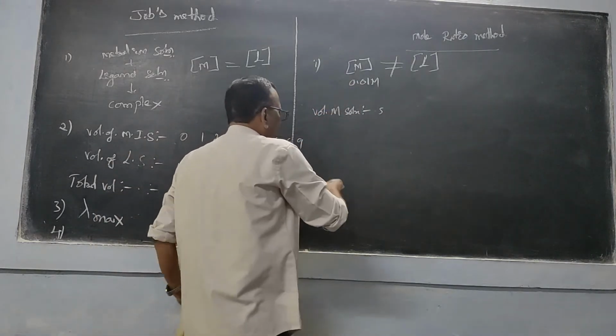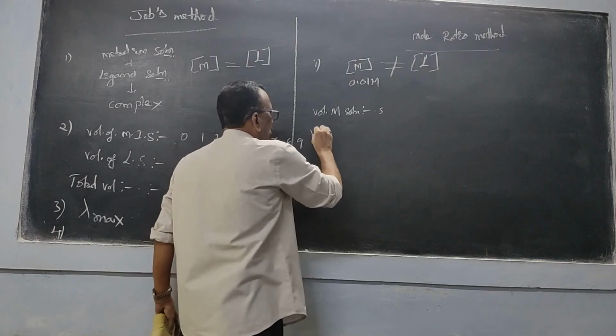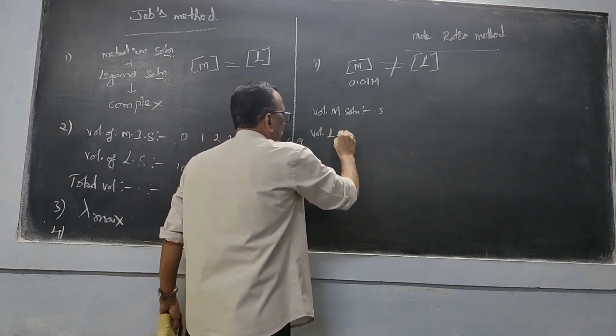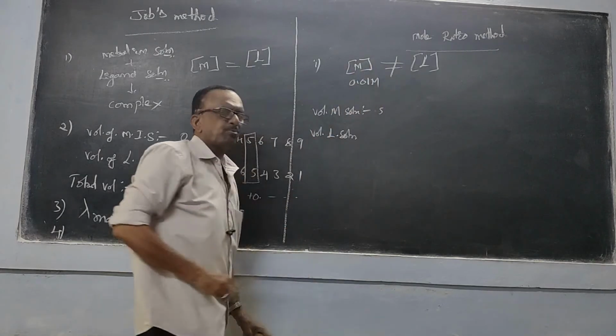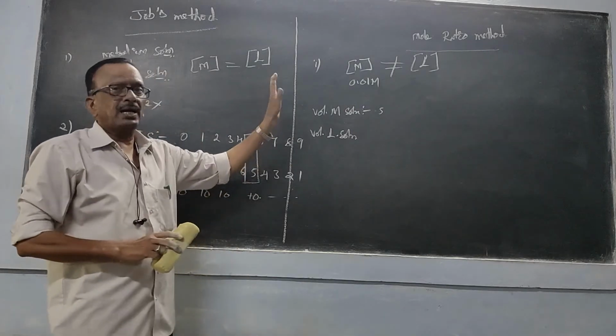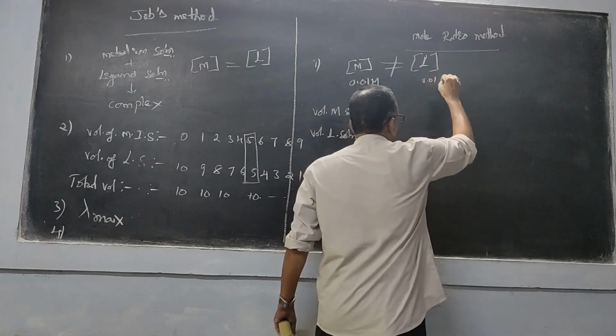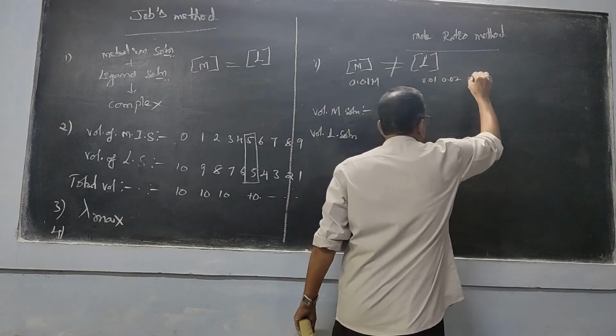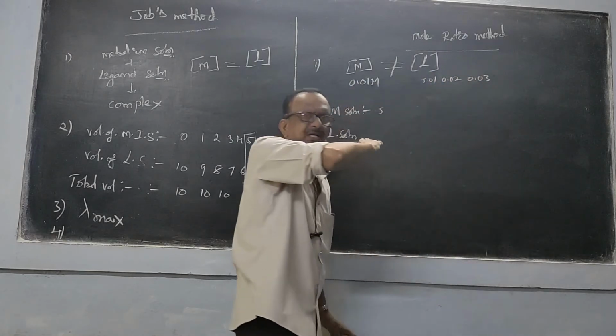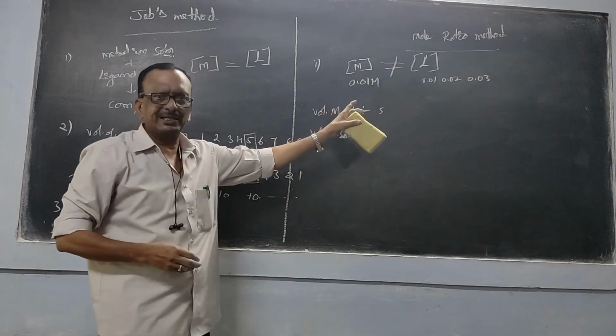Now come to the next one, the ligand solution. Now we have to prepare different concentrations. That means, for example, one is 0.01, 0.02, 0.03, like that. Different concentrations we are taking.